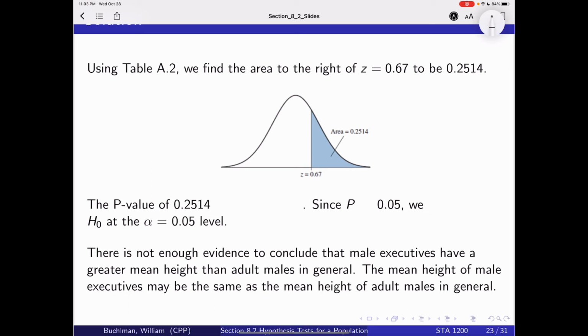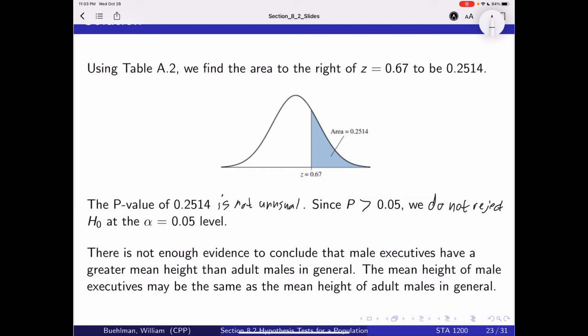The p-value of 0.2514 is not unusual. Since p is greater than 0.05, we do not reject the null hypothesis at the alpha equals 0.05 level.